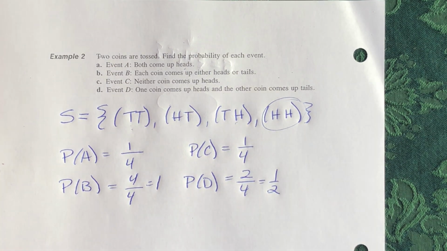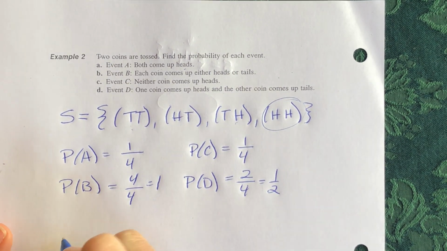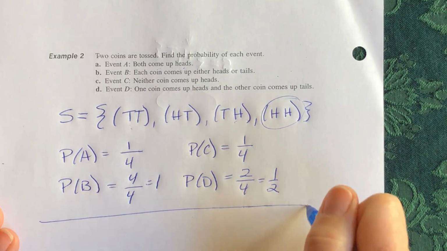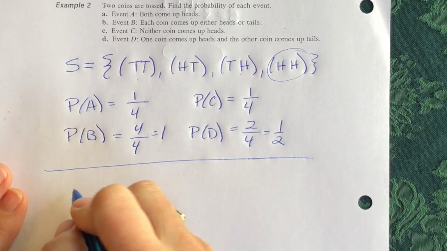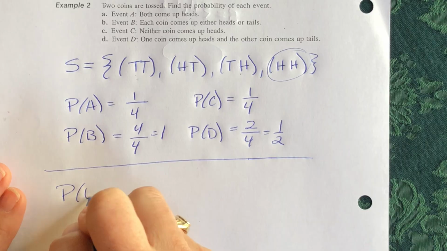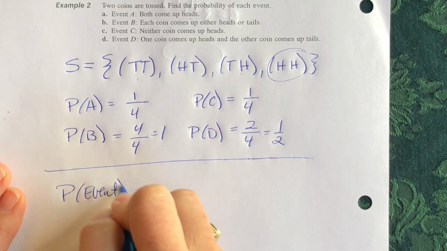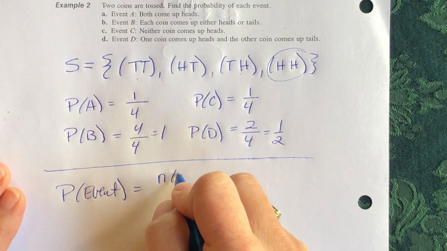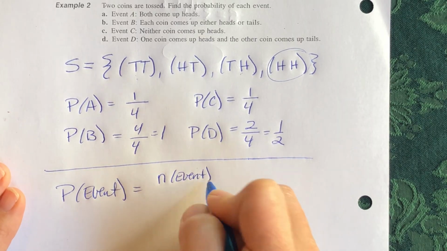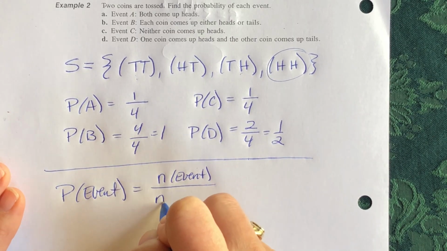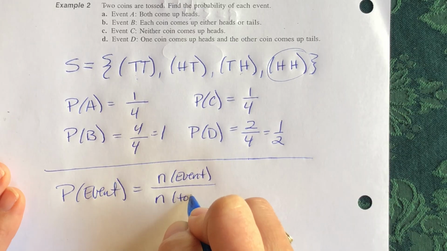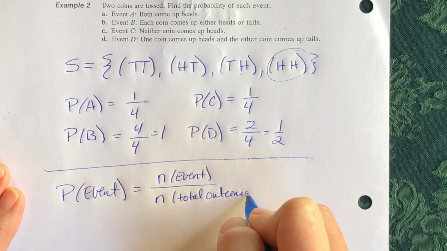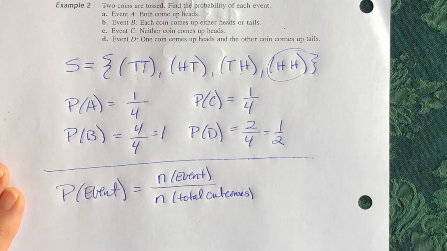So thinking about your probability, in summation, your probability of some event is the number of ways that event can happen divided by the total number of outcomes.